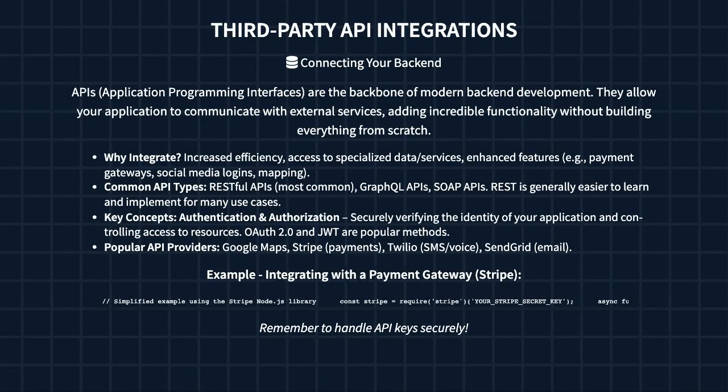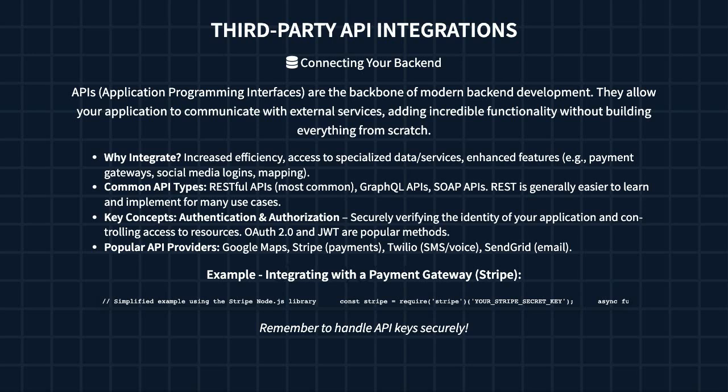Let's talk about connecting your backend to the wider world through APIs. Think of them as bridges. They allow your application to chat with other services and add powerful features without you having to build everything yourself. There are tons of reasons to integrate, from saving development time to accessing specialized data like maps or payment processing. You'll encounter different API types, but REST is a really popular choice.